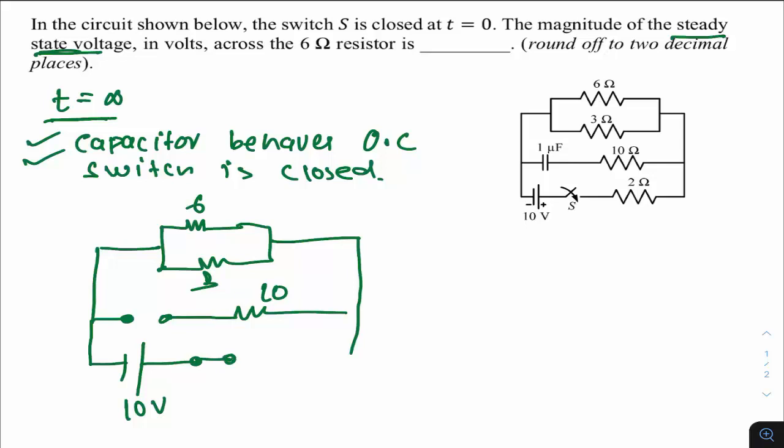I'm putting two dots, and you have the 2 ohm resistor now. They're asking to find the magnitude of the steady state voltage across the 6 ohm resistor. Magnitude means whichever polarity we take, it doesn't matter. So this is minus, this is plus, let's say. This is Vx, and Vx we are supposed to find.